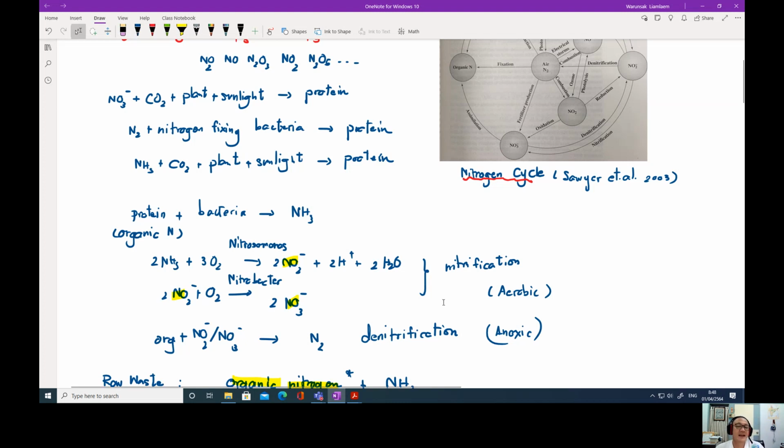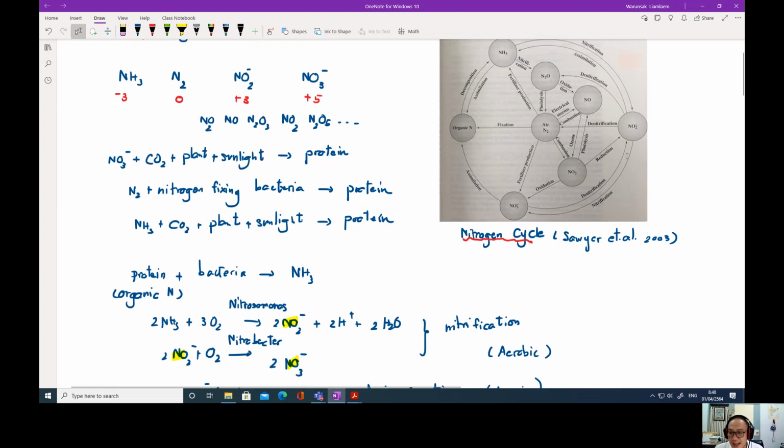So we have nitrification, and following that, the conversion of the nitrates to nitrogen gas. This one we call denitrification. That is why in the nitrogen cycle, the nitrate gets converted back to nitrites, and nitrites become nitrogen gas or N2O.